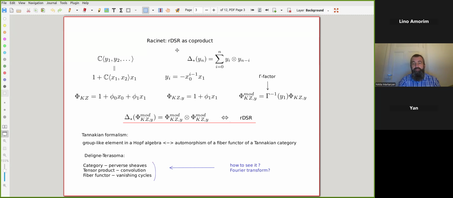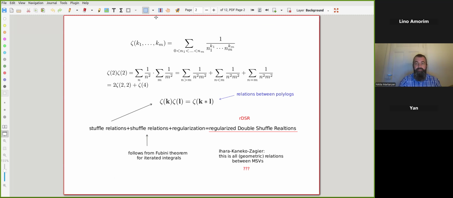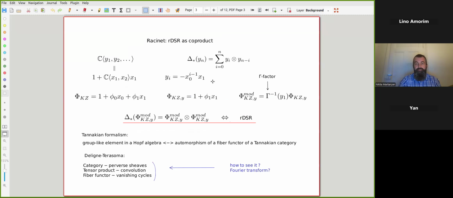It says that some element of some Hopf algebra is group-like. So it's a rather mysterious calculation, but it's just this calculation with series we discussed here, packed in some nice form.